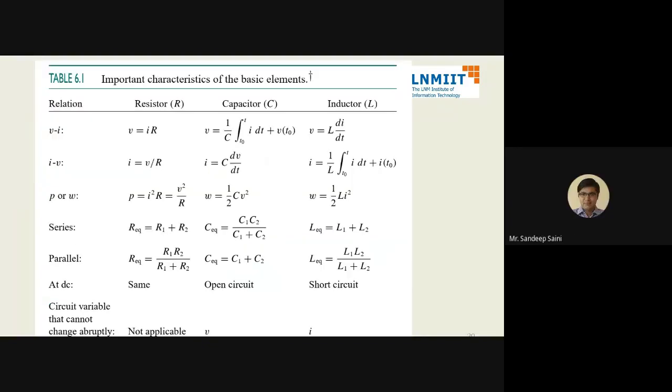And when we conclude, this is the table which you should remember and not confuse, for the three components, resistor, capacitor and inductor: these are the voltage-current relationships, this is power, series connections, parallel connections, and at DC, the resistor will remain like a resistor, the capacitor will act like an open circuit, and the inductor will act like a short circuit.